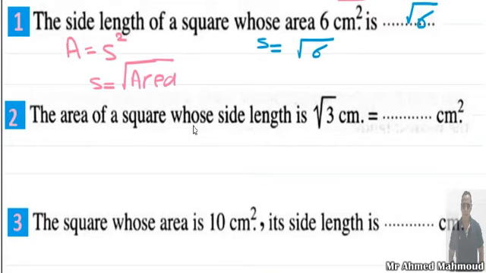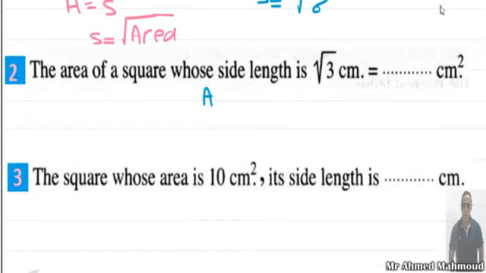As I explained, area equals side to the power of 2, which equals root 3 to the power of 2, which equals 3. Then the area equals 3 centimeter squared.